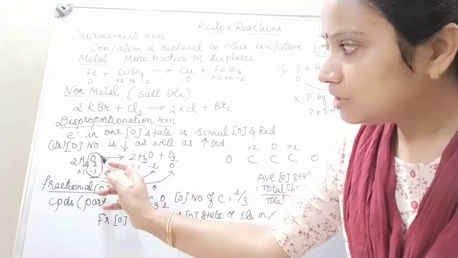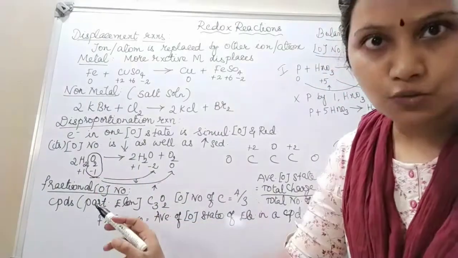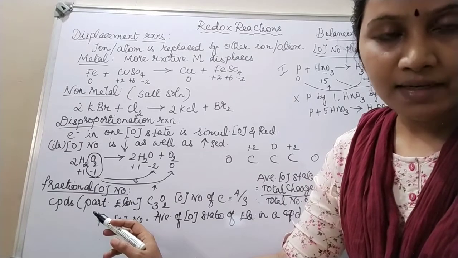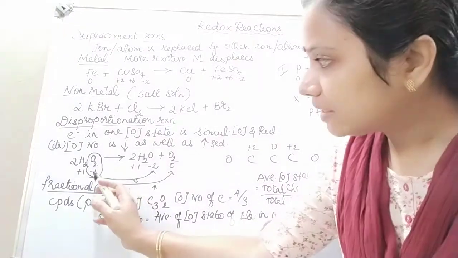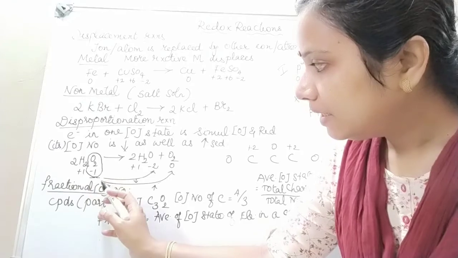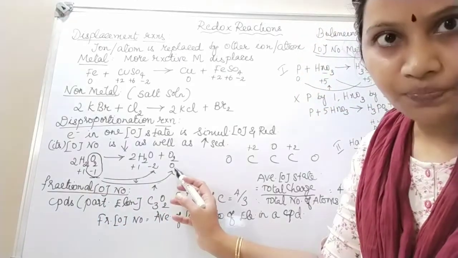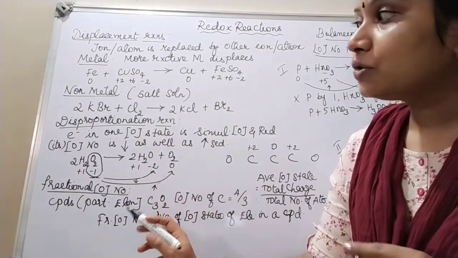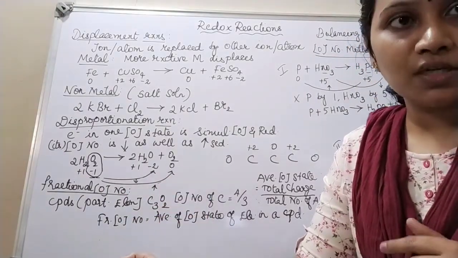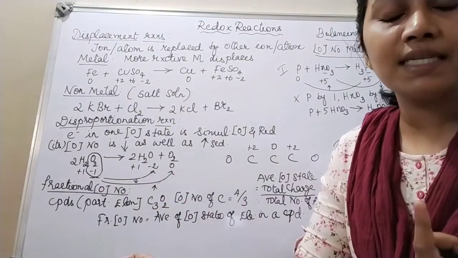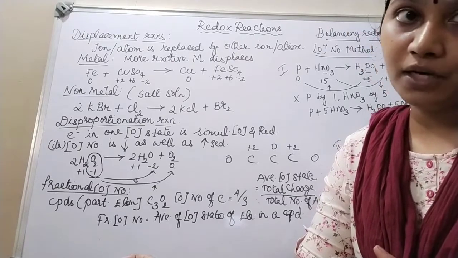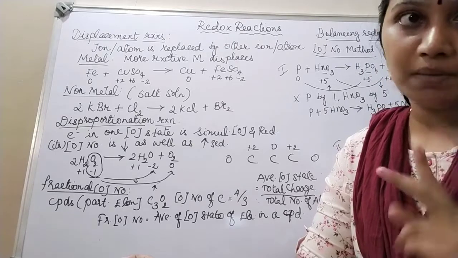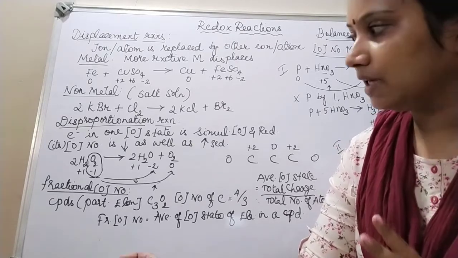Oxygen's oxidation number is -1, and it is simultaneously increased and decreased: from -1 to 0 and from -1 to -2. So this is called a disproportionation reaction, where an element is simultaneously oxidized and reduced. Its oxidation state should be increased as well as decreased for the same element, not a different element.